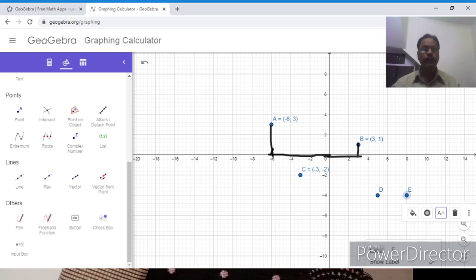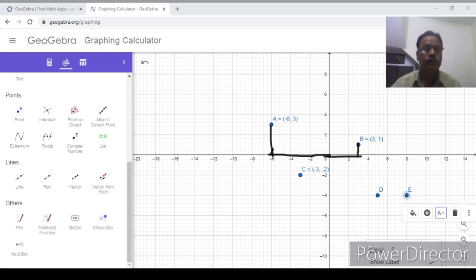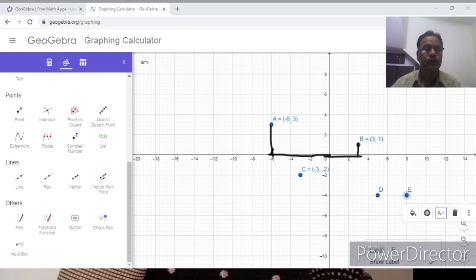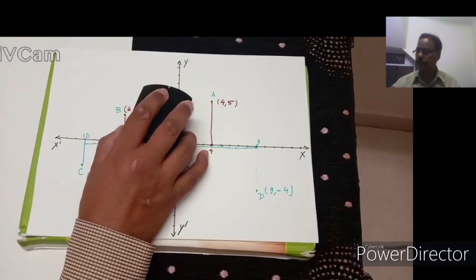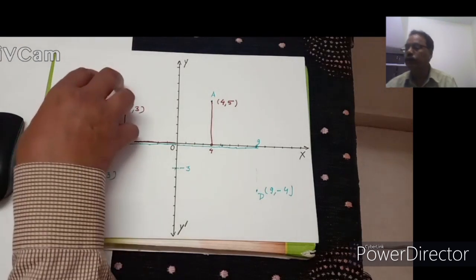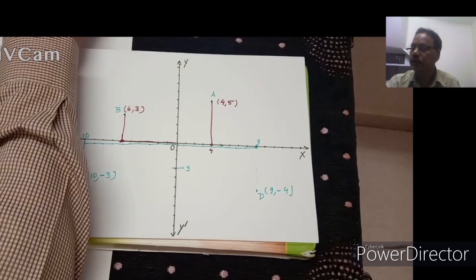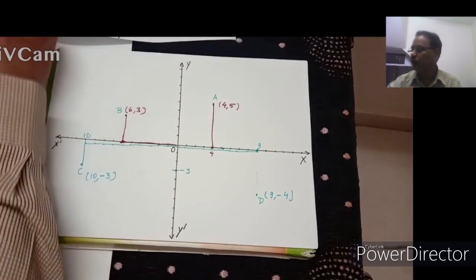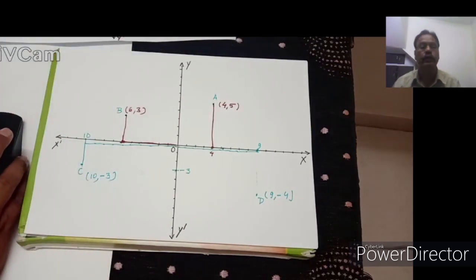Now, so we have learned how do we find out the coordinates of these points. Now we shall find out how do we locate the given points on the Cartesian plane.